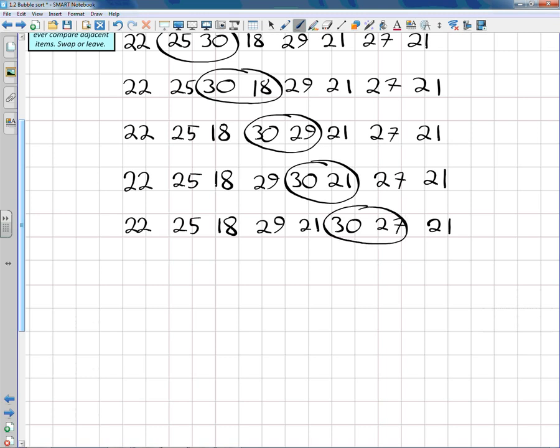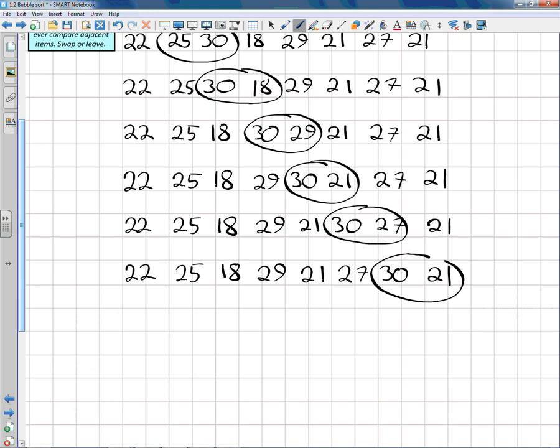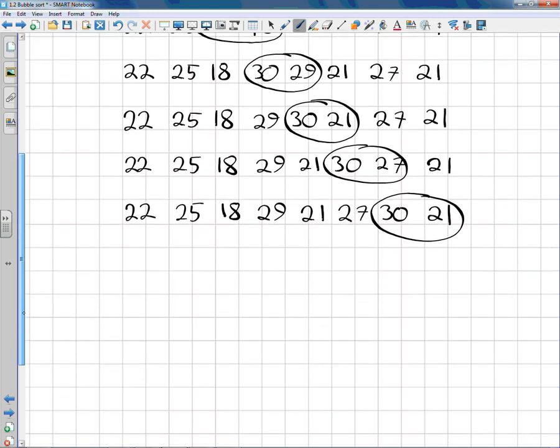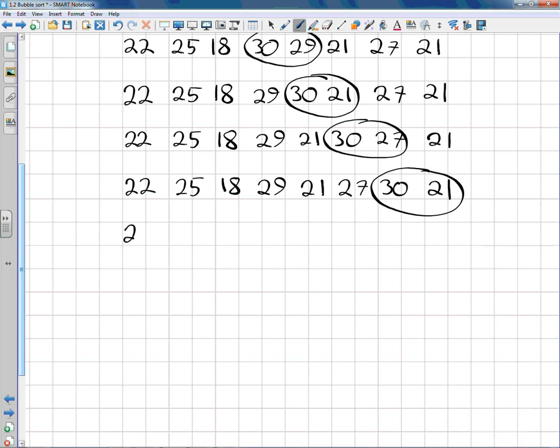So now we compare those two. Okay, so these are all called comparisons that we're doing. We're making the comparison here, and we're deciding to swap them. And there's just one more comparison on this pass that we need to do, and that's the one there. And indeed, there will be another swap. Right, we have done one complete pass.